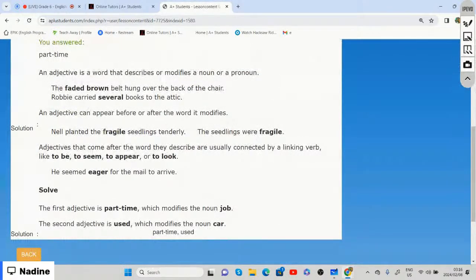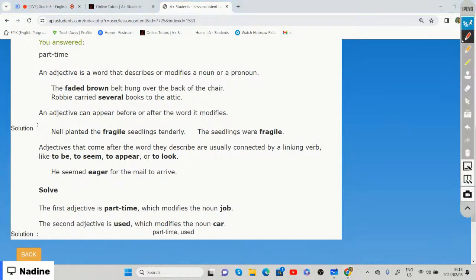All right, so just once again, we have our explanation of what an adjective is. We said that an adjective is a word that describes or modifies a noun or a pronoun, right? And we made an example: the faded brown belt hung over the back of the chair.